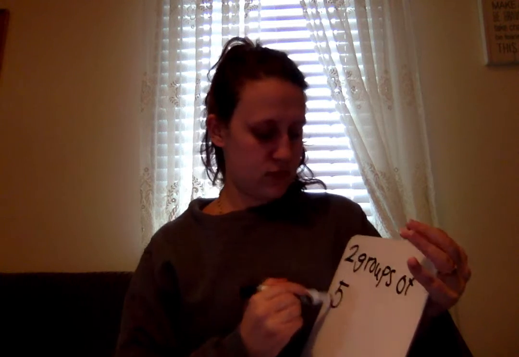Now, when we talk about groups, I want you to think like this. So let's say I said I want all of the class to get into groups. I want 2 groups of 5.